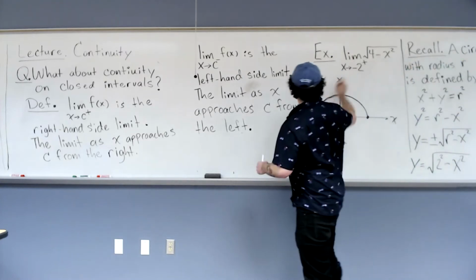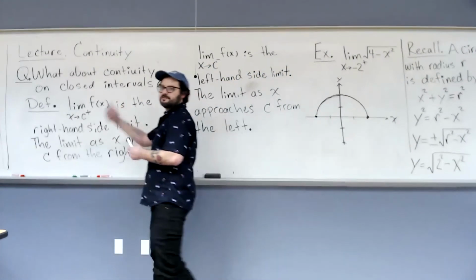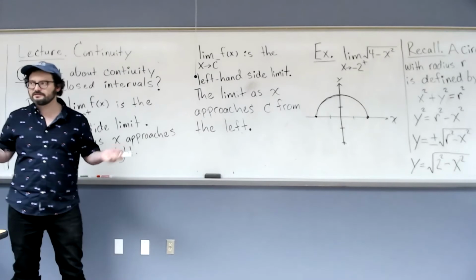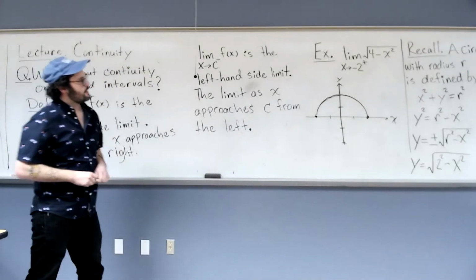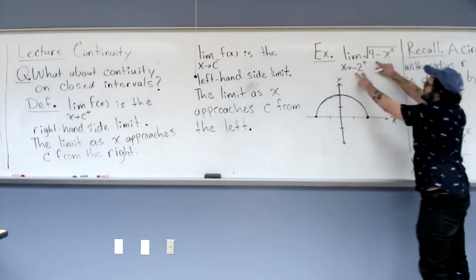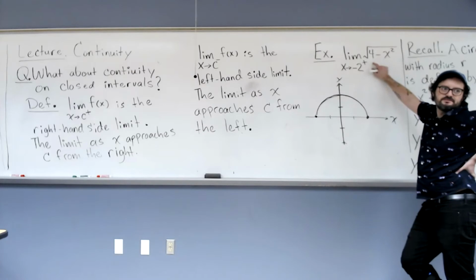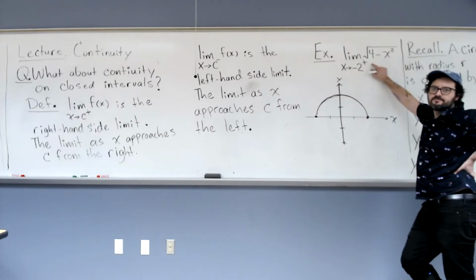that as we're approaching c, we're picking x that are bigger than it, getting closer to it from the right-hand side, right? So clearly, we can't just plug in -2 because, well, actually, we can plug in -2, right? That's fine.